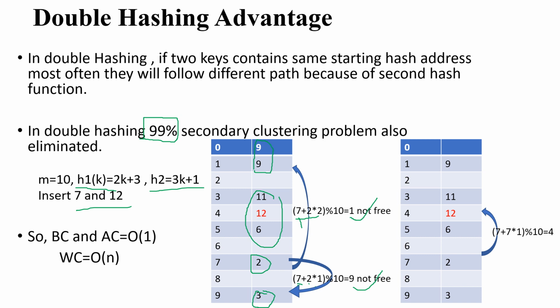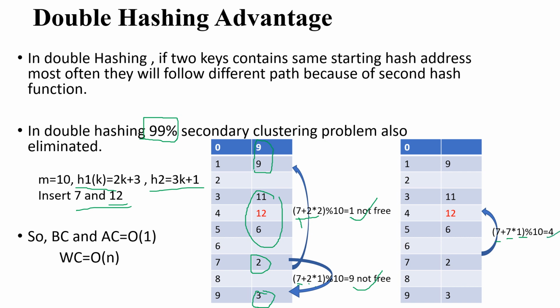Similarly, if I store 12, I calculate for 12: the starting index is again 7. Using the second hash function and the i value, you calculate and get index 4.